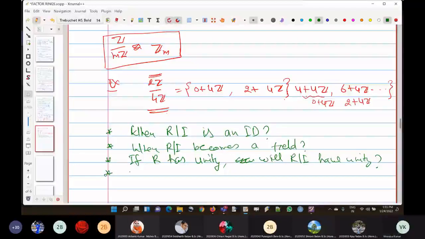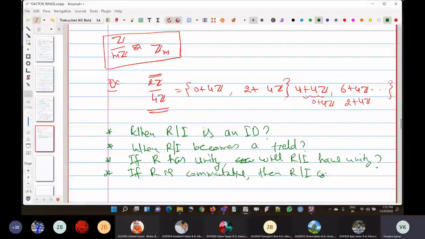Also, if R is commutative, then is R by I also commutative? These are the questions one needs to answer. The answers to these questions we will be seeing in the forthcoming classes. So let us conclude the discussion for the day.